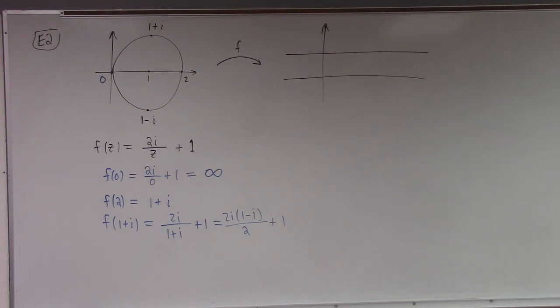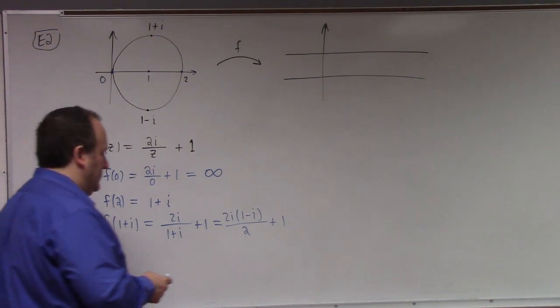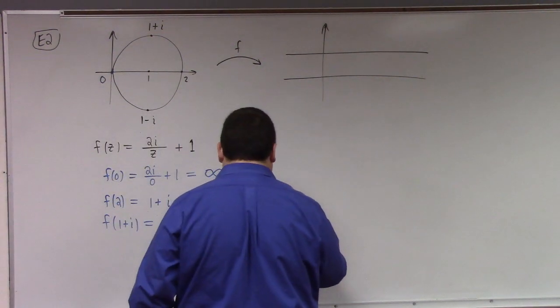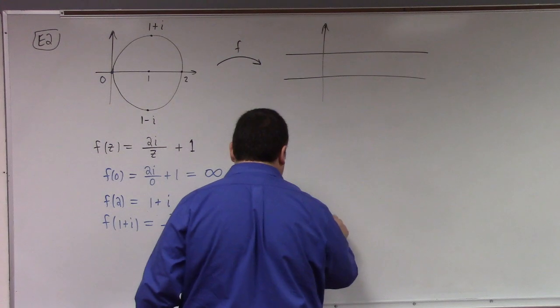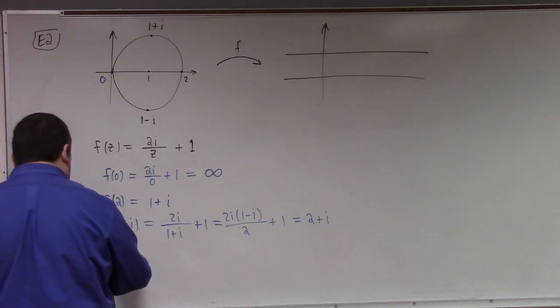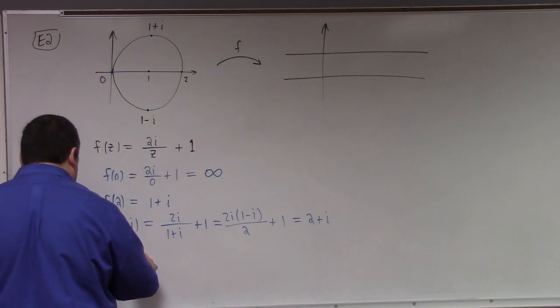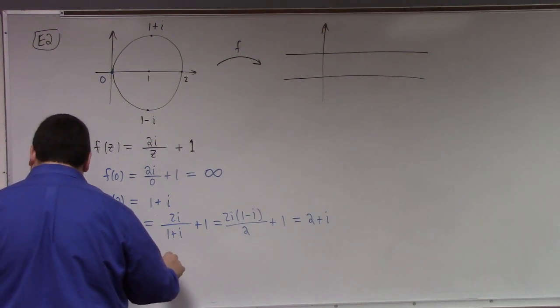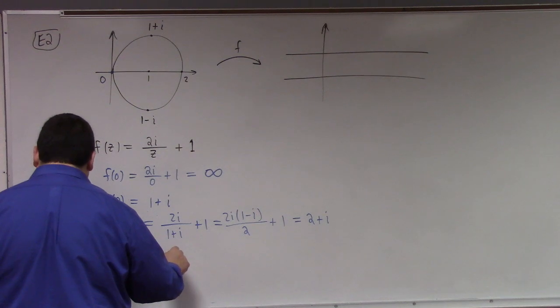I get 1 squared plus 1 squared, which is 2 downstairs. The 2's cancel, and then I get plus 1. I think it's 2 plus i. Okay, good. That's what I got in my notes. And likewise, you can do the arithmetic here. f of 1 minus i works out to i.